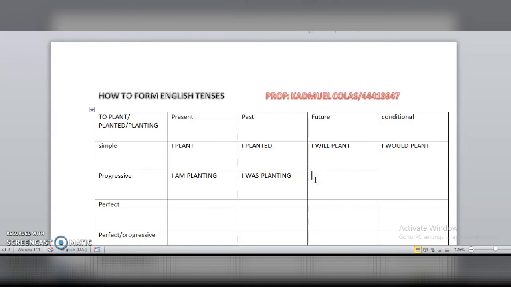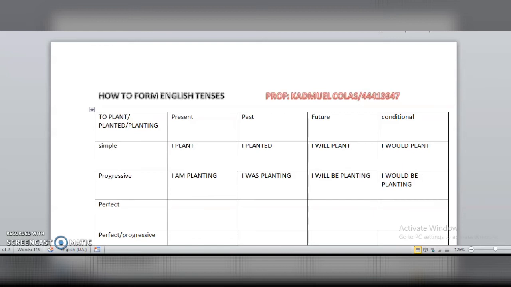The verb to be at the future, I get I will be plus base form plant plus ing, that is planting. Good. And I get the conditional progressive: I would be plus base form plant plus ing, I would be planting.